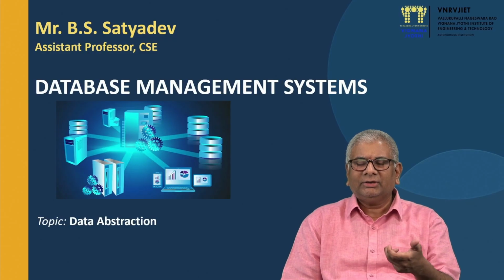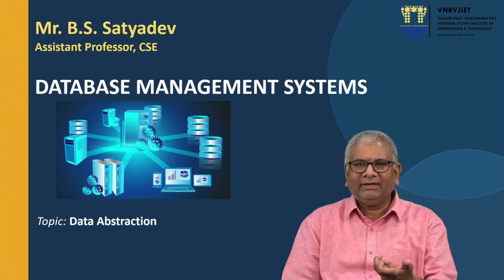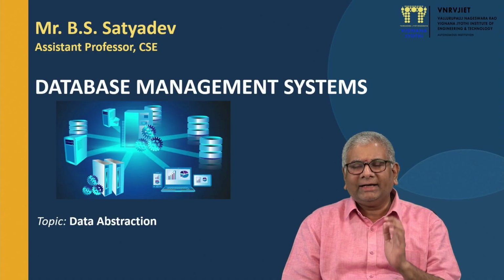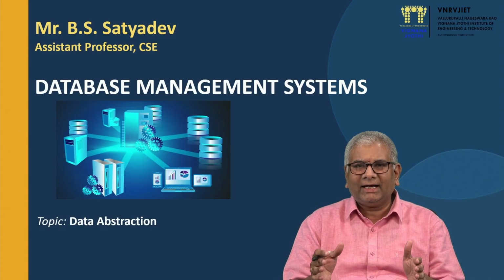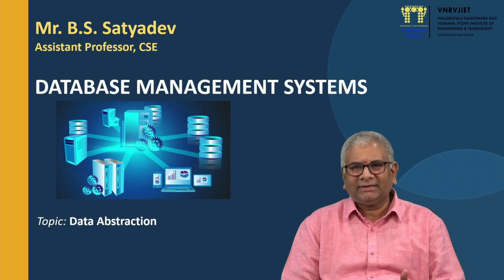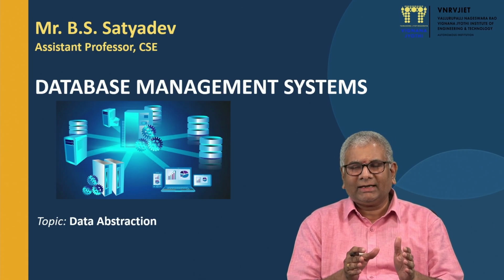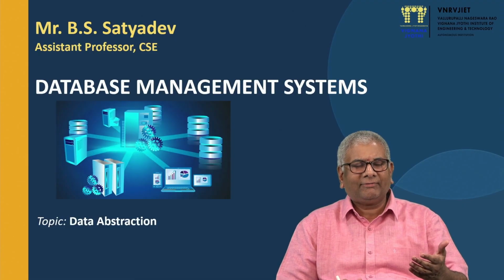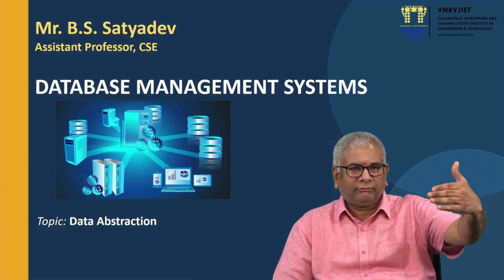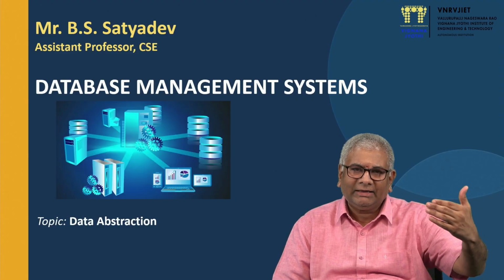No, it's not. Data abstraction is a feature of DBMS that lets you see or operate on the data at different levels. This presentation is going to talk about the levels at which we can see data. It is like seeing a picture from 10,000 feet or 1,000 feet, or very close by.